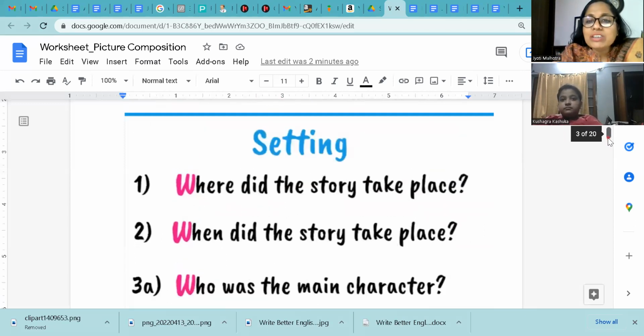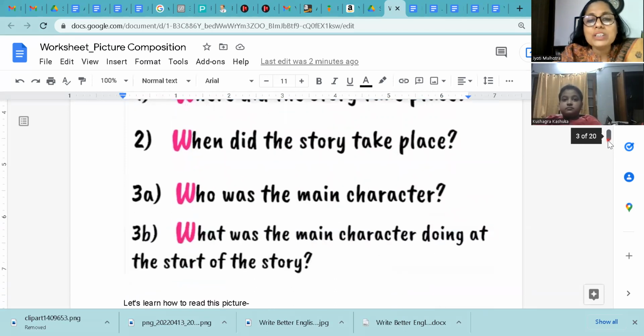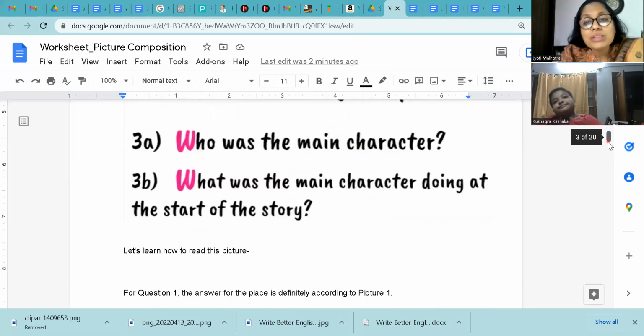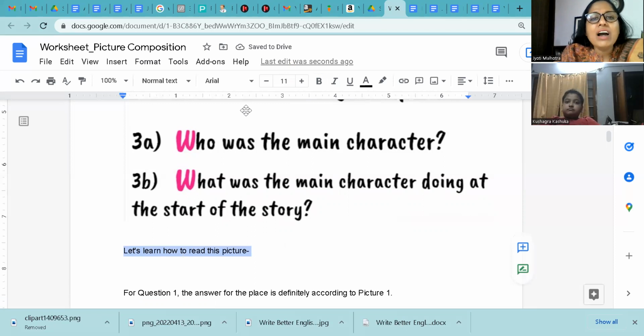See, where did the story take place? When did the story take place? Who was the main character? Then you give a name to that character. What was she doing at the beginning of the story? So all these are the things that you can just think about, right? Now, right, let's learn how to read this picture.